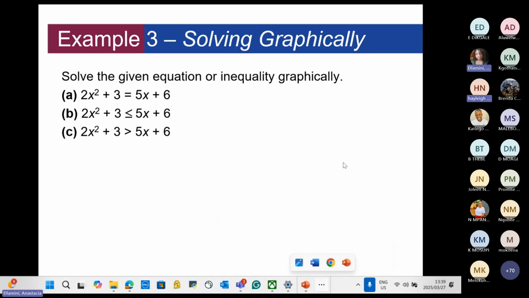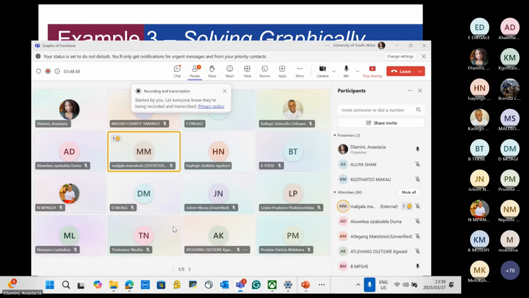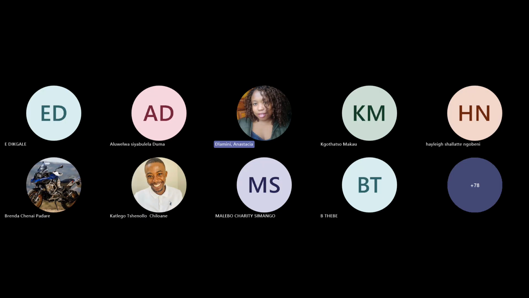So let's go. I'm not going to draw the graph because me and drawing are not in a good relationship. So let me take a screenshot.